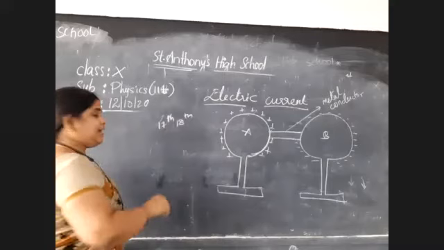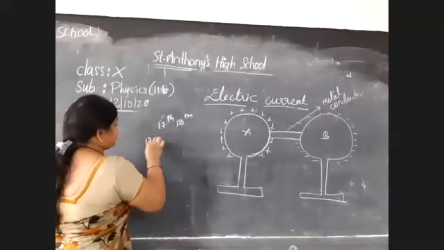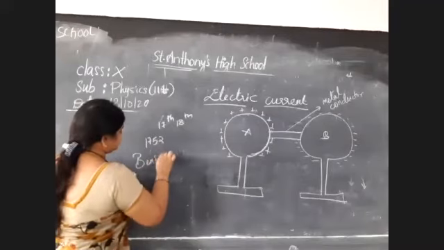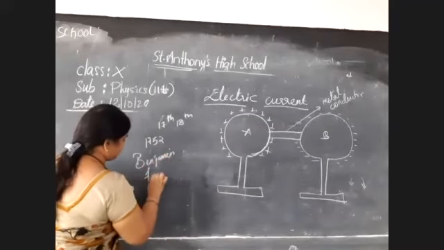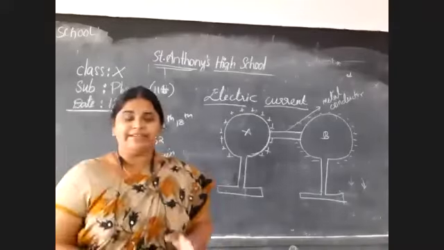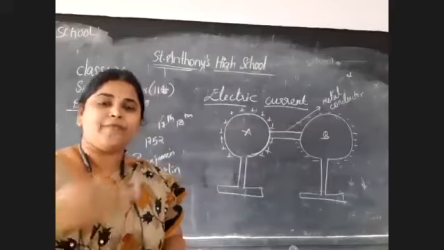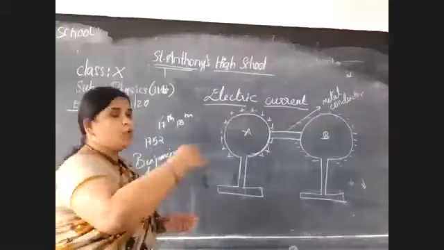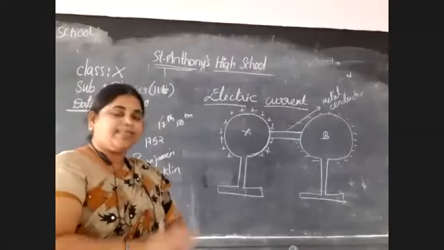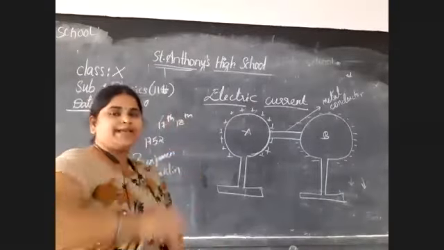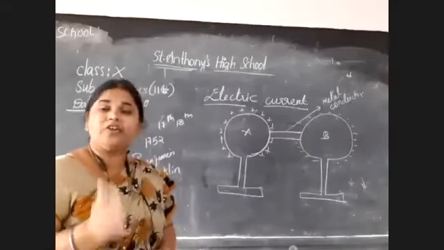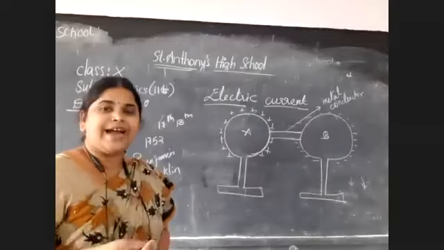And you all know that in 1752, Benjamin Franklin discovered that there is some movement of the charged particles between the woolen cloth and our body. That is why our hair will stand erect. Means he discovered static electricity. He did not invent, he discovered static electricity.